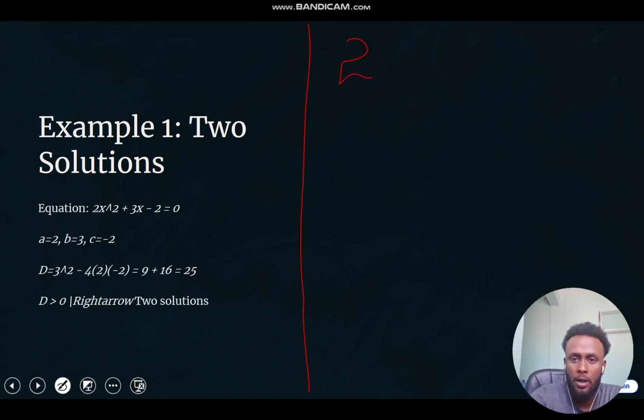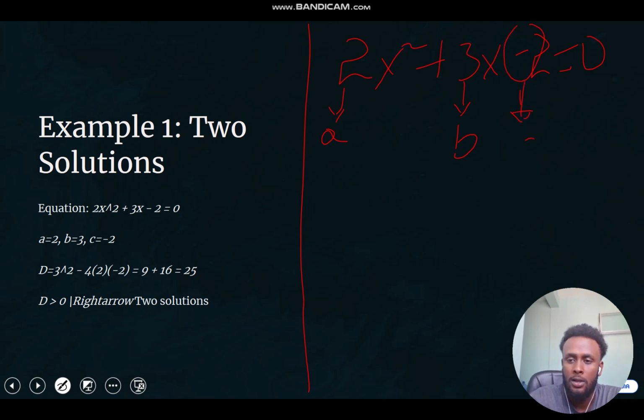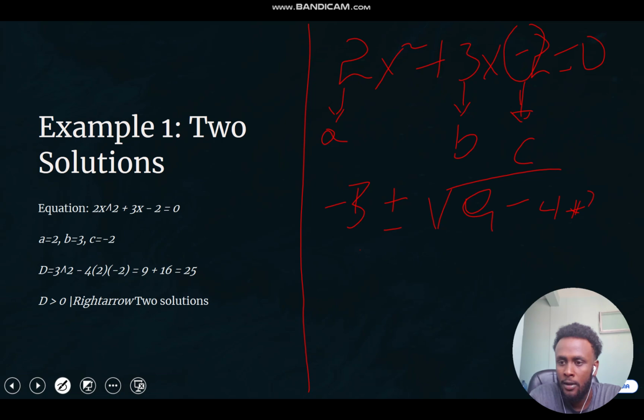For example, 2x squared plus 3x minus 2 is equal to 0. In this case, a is 2, b is 3, and c is minus 2. So minus b is minus 3, plus or minus the square root of 3 squared, which is 9, minus 4 times a times minus 2.